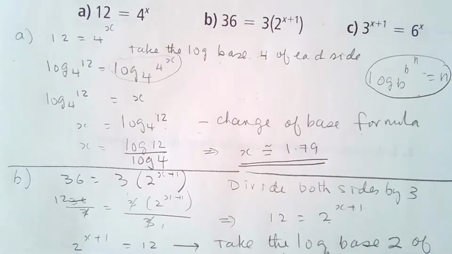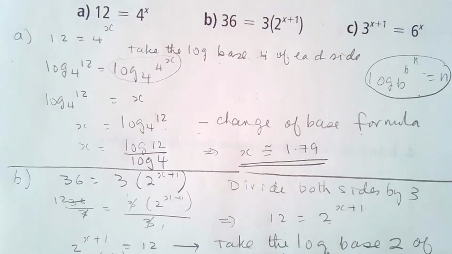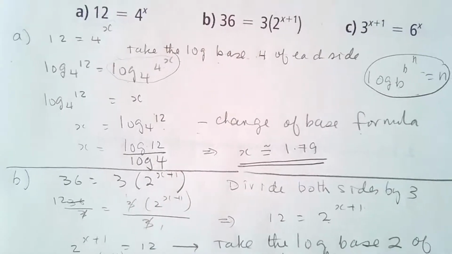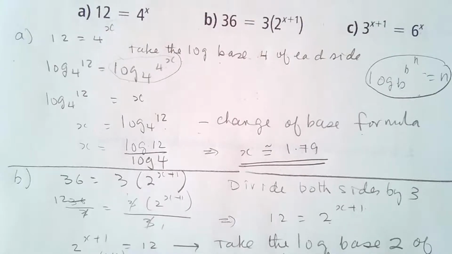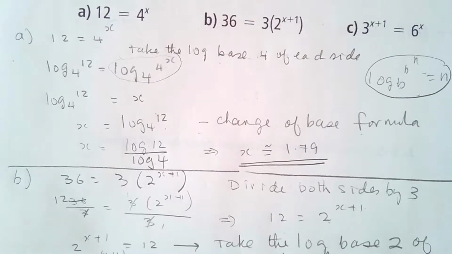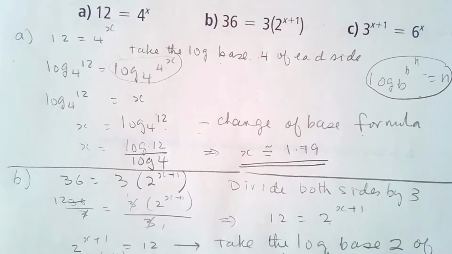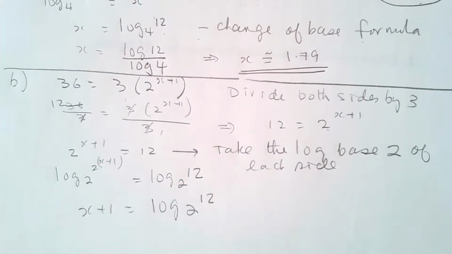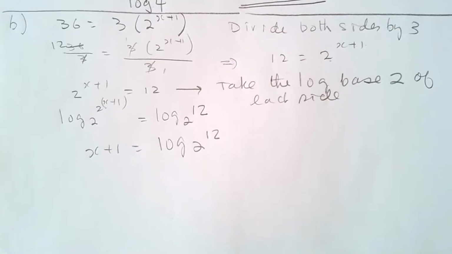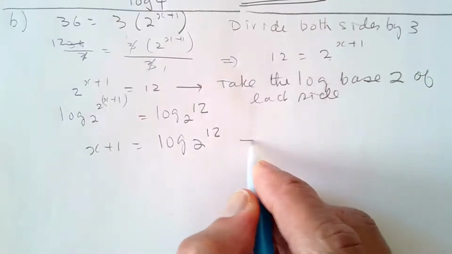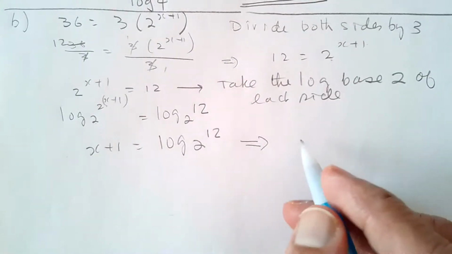So I have here log 2 of 2 to the x plus 1 equals log 2 of 12. You're left with x plus 1 is equal to log 2 of 12.